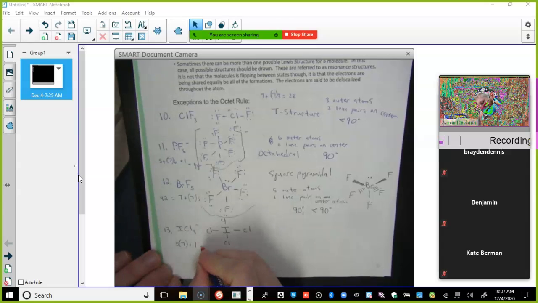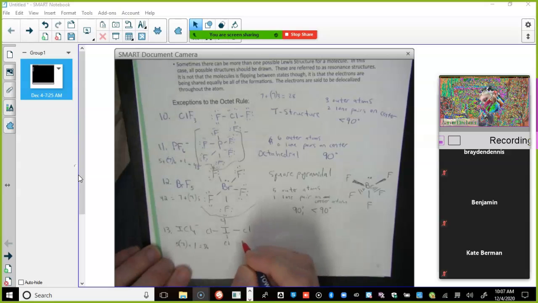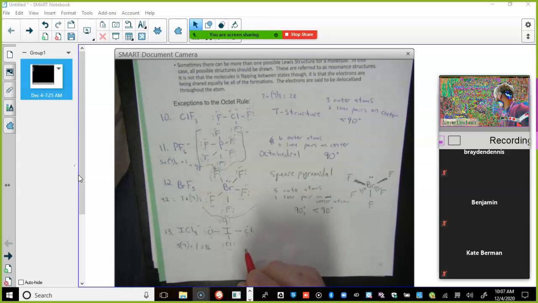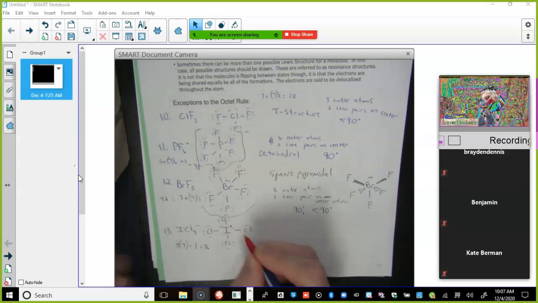Alright, so 5 times 7 is 35, plus 1 is 36. We got 2, 4, 6, 8, 10, 12, 14, 16, 18, 20, 22, 24, 26, 28, 30, 32. I got 4 more left. I'm going to plop them in the center. And those 2 lone pairs are what are going to change my shape.